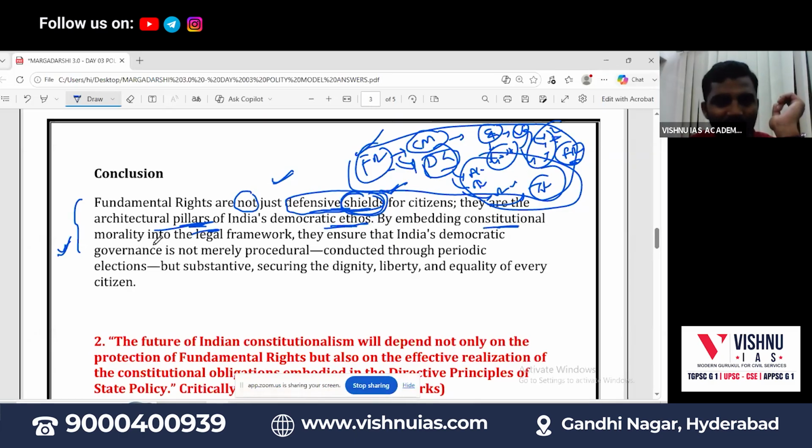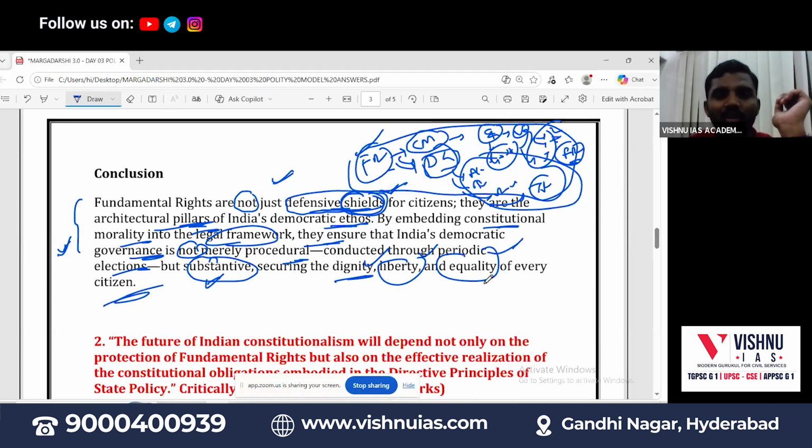By embedding constitutional morality into the legal framework, they ensure democratic governance is not merely procedural. Periodic elections alone are not democratic governance. Substantive governance is democratic. That means ensuring dignity, liberty and equality. That is what democratic governance is.